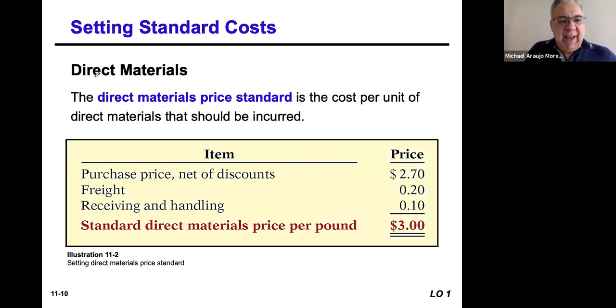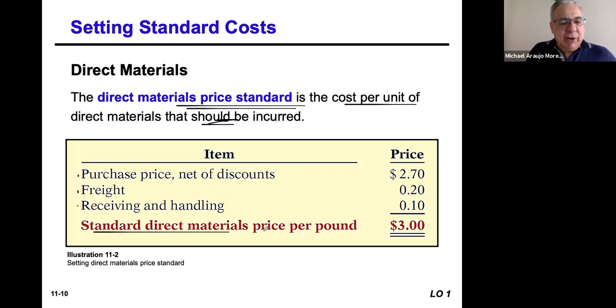Let's take a look at direct materials. First, the direct material price standard is the cost per unit that should be incurred. For a particular item, we have a purchase price of materials plus freight plus receiving and handling.